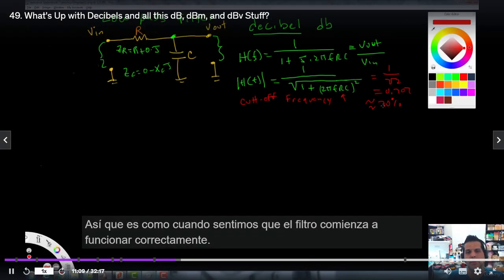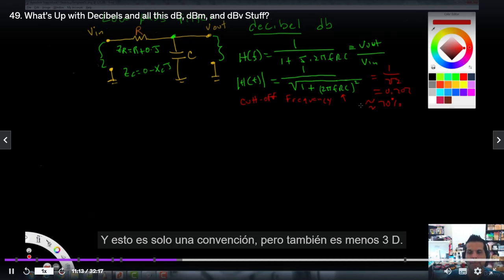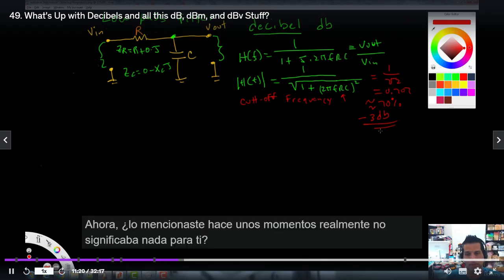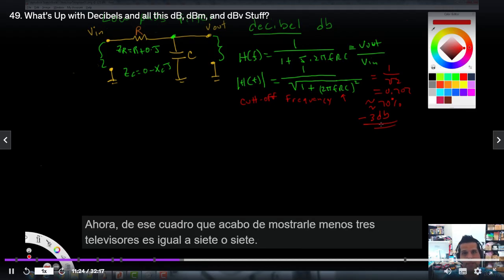That's where we feel the filter is starting to work. This is just a convention, but it's also minus 3 dB. A few moments ago that didn't mean anything to you, but from that chart I just showed you, minus 3 dB equals 0.707.